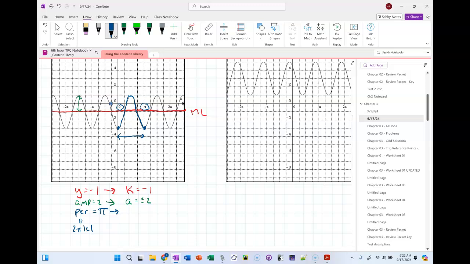So if our period is pi, what did C have to be? What would I have to multiply 2 pi by to get 1 pi? Pi over 2. 1/2, right? Yeah, just 1 over 2.